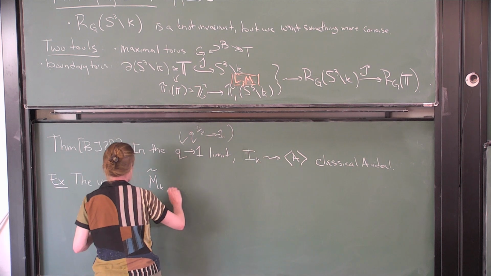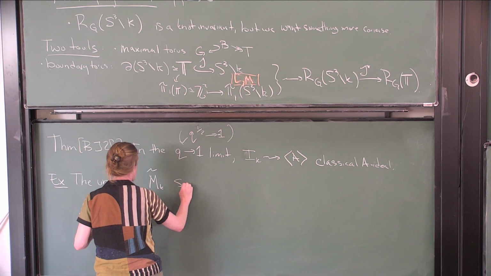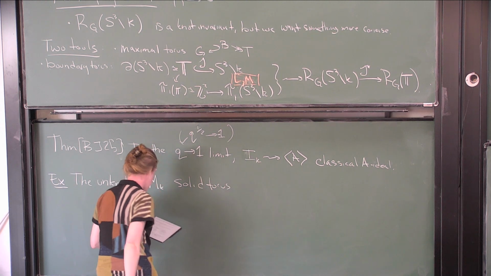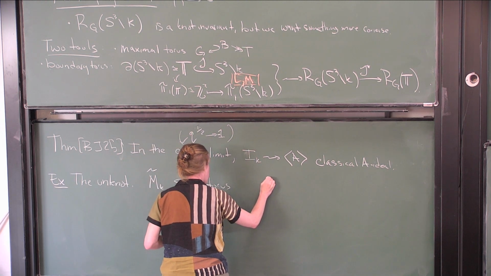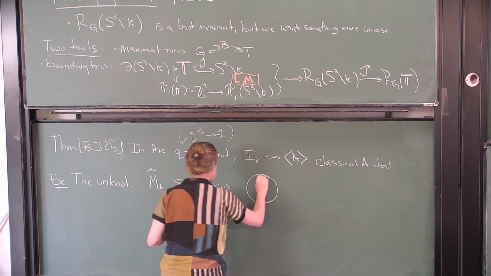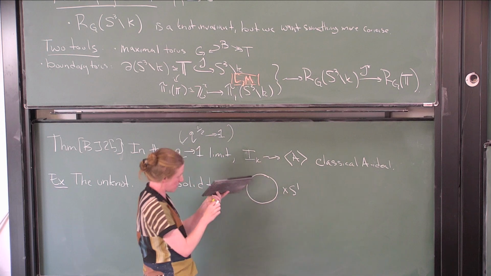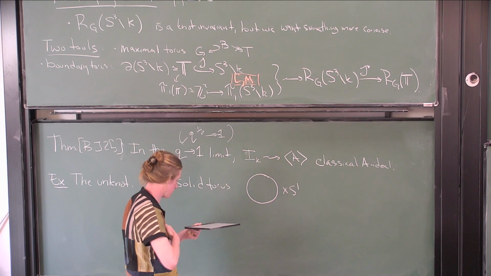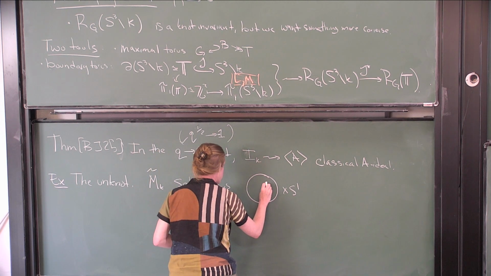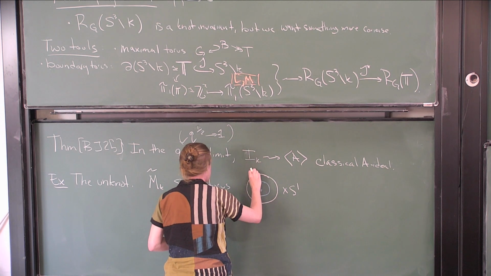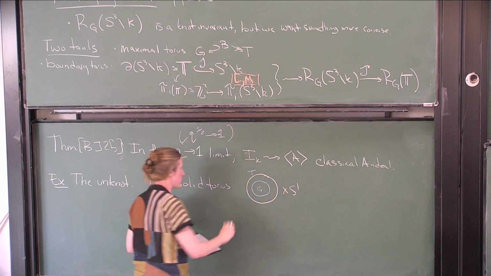So this is actually just a solid torus. If I think of my torus as a disk across S1, now I have a stratification, and it is like this. There's a G region in here and a T region out here, and I have my defect like that.